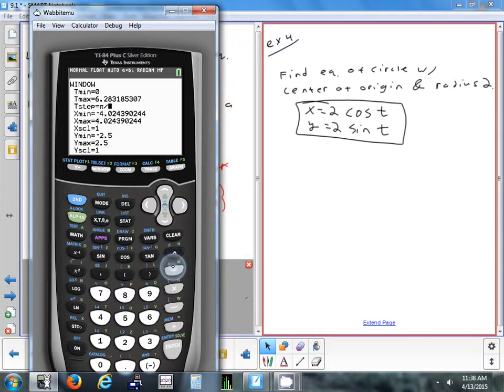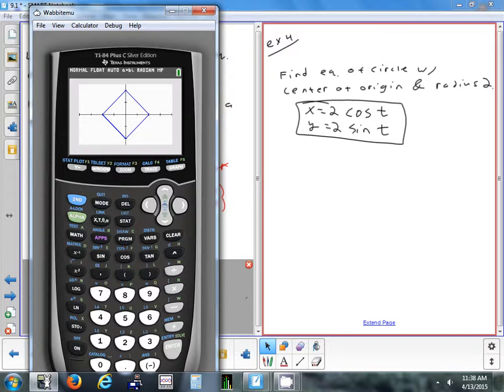What would happen if I did this? Actually, we're going 0 to 2 pi. So let's type this in: 2 pi divided by 4. Now I'm going to graph the points 0, 1.57, 3.14, 4.71, and then back to 6.28, back to 0. What's the shape going to look like if I only draw 4 points? Yeah, it's going to look like a square.